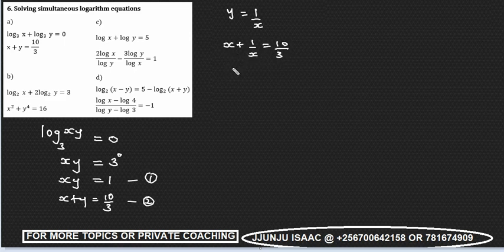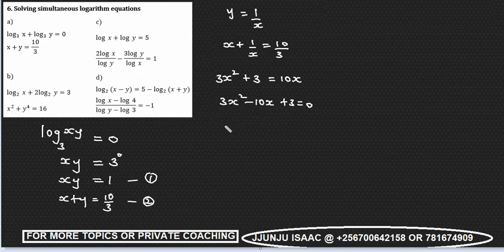When I multiply with 3x, this one will become 3x squared. This just becomes 3. The other one will be 10x. We are multiplying with 3x throughout. So now this will be 3x squared minus 10x plus 3 equal to 0, a quadratic equation.